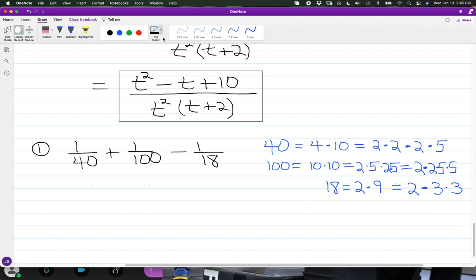So we have, looking for the least common denominator, the prime factors: you have 2, 3, and 5.